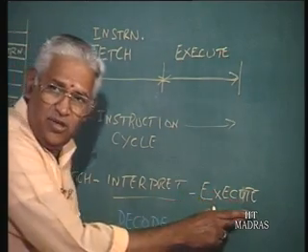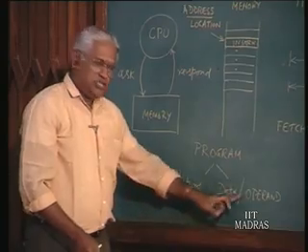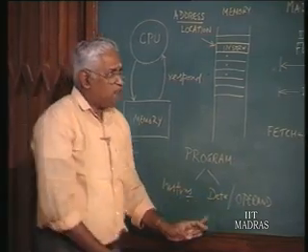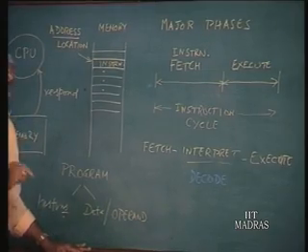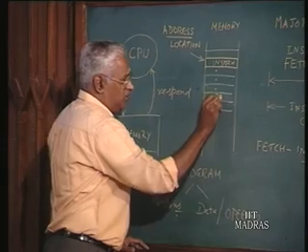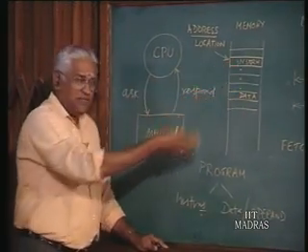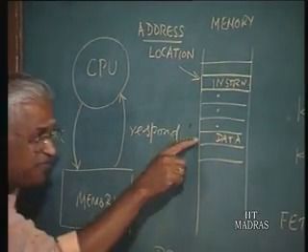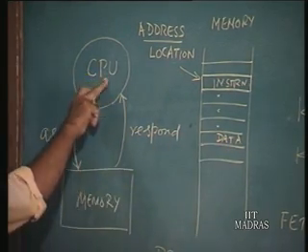Now, as part of the execution I already mentioned, operands may have to be fetched, because essentially a program consists of instructions and operands or data. So, as part of the execute, a data fetch may be there. The data required for the particular instruction may be in another place in the memory, in which case the CPU will have to place the address of that location and the memory will pass on this data to the processor.